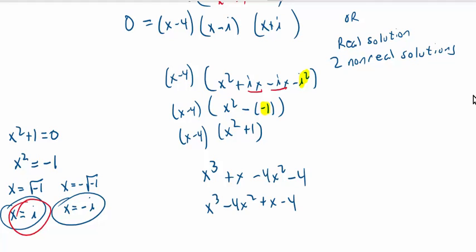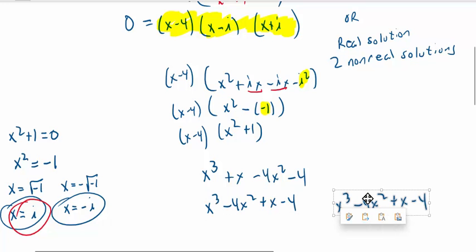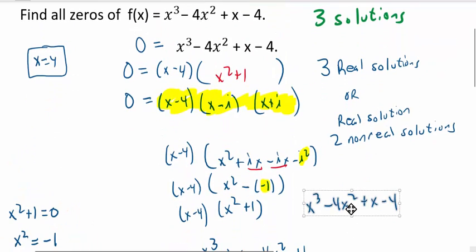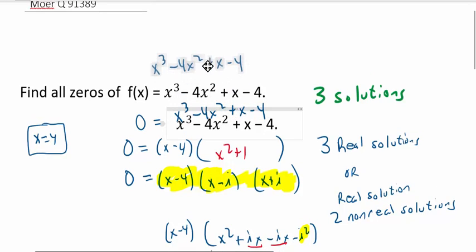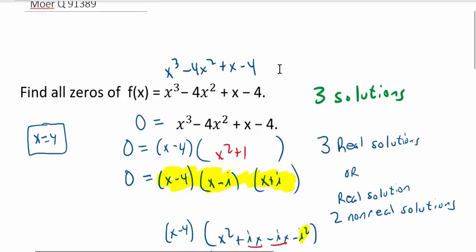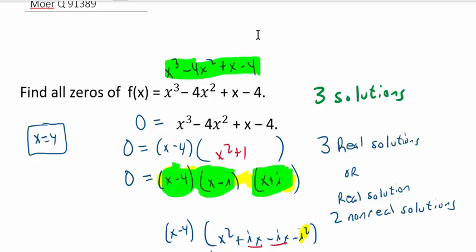So what I've done here is I've multiplied out these three linear factors, and what I obtained is the polynomial given in the original problem. To make sure, let me make a copy of that and move it up to the beginning of the problem to verify that that's actually true. Yes, by multiplying out the three factors, we do end up getting back the original polynomial.